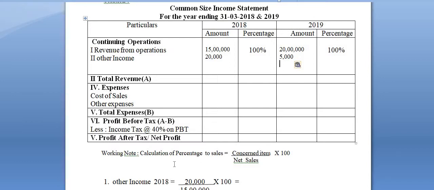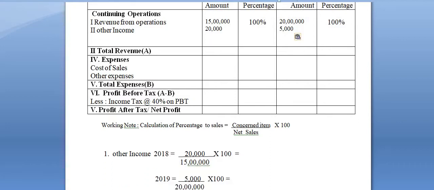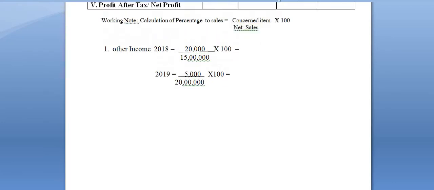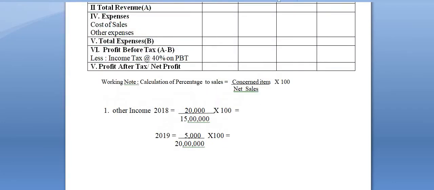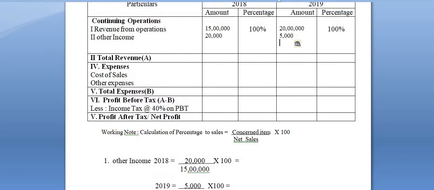The concerned item is other income, the amount is 20,000, divided by net sales in 2018, which is 15 lakh.